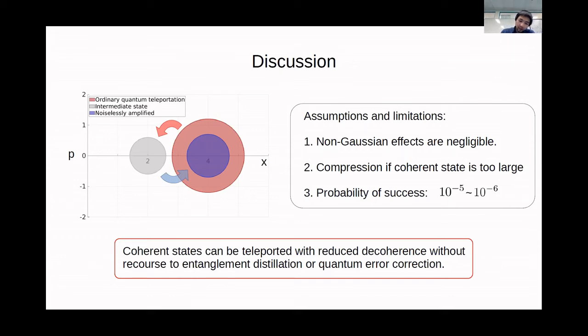Now, if we were to simply turn the feed forward gain back up, we would get all the decoherence back. However, if we perform noiseless linear amplification, then we could amplify this state without adding any noise, and we could recover the signal strength without also getting back the excess noise. And it is because of this that it is possible to get an improvement in the fidelity and to reduce the decoherence of CV teleportation using measurement-based noiseless linear amplification.